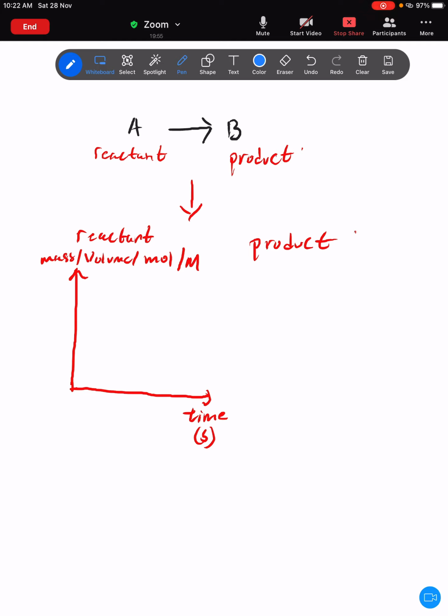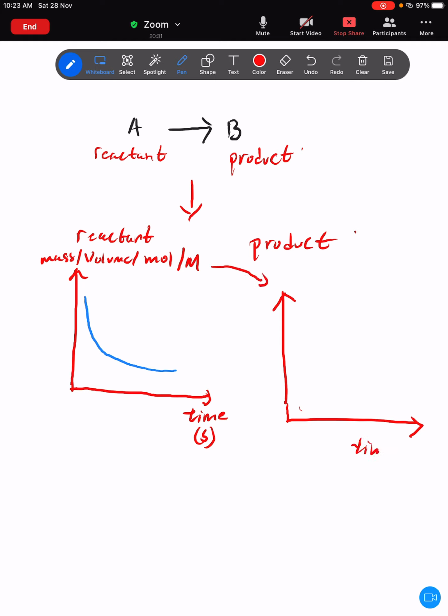Used up stands for the amount decreases. So based on the graph, if the graph is going downward for a rate of reaction, I'm actually talking about reactant. But on the other hand, if I'm talking about a product, also the y-axis will be almost the same.